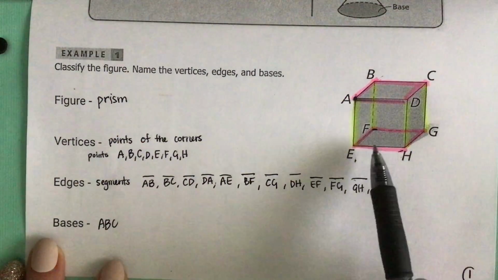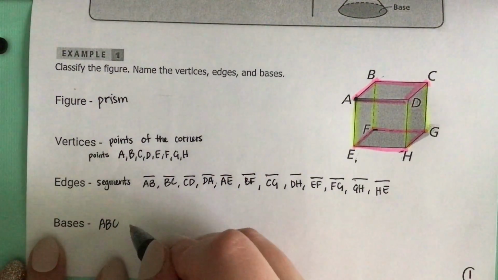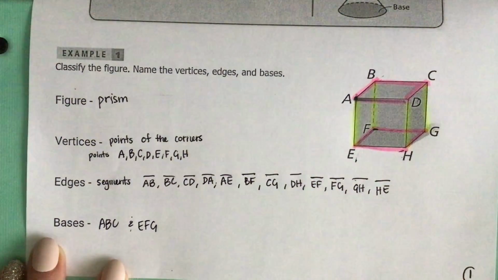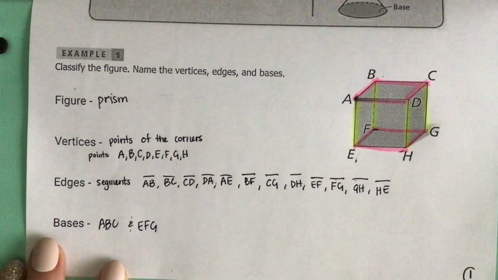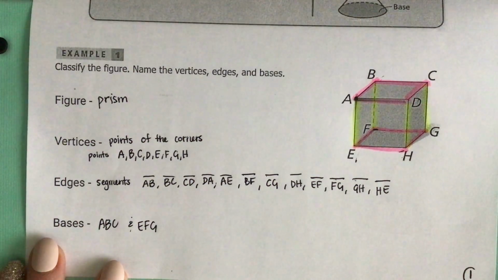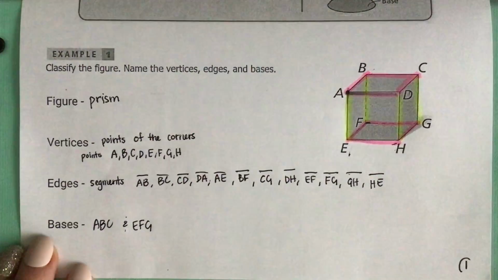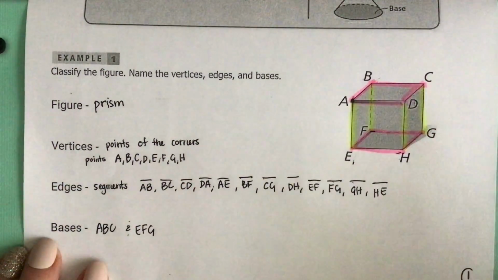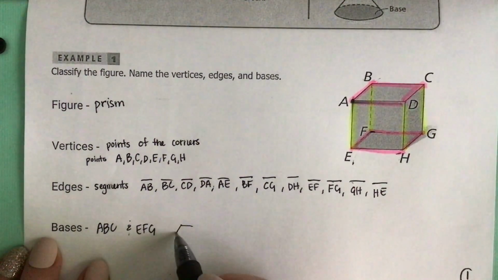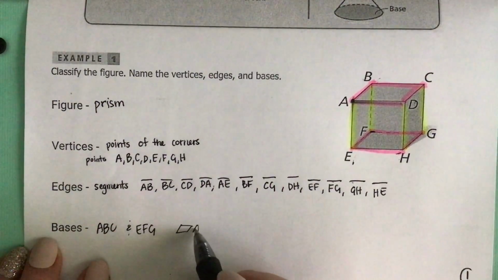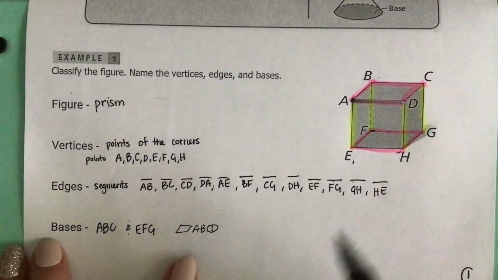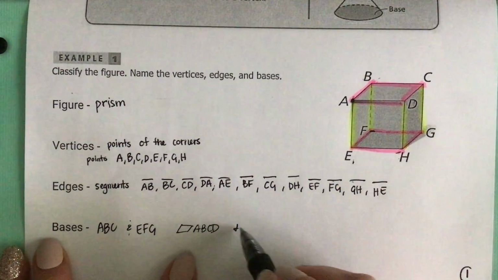And then we've got EFG as well. All right. Now you could also call this parallelogram ABCD, or you could call it parallelogram EFGH as well.